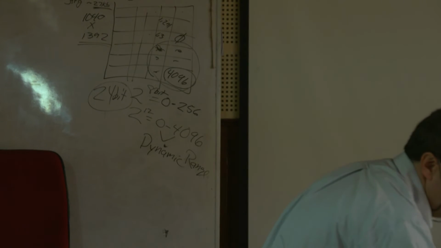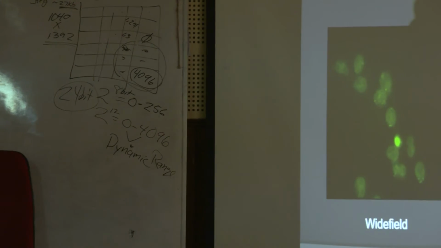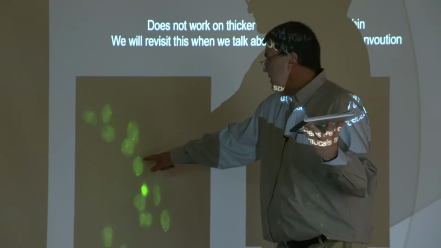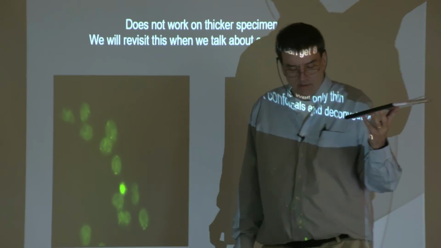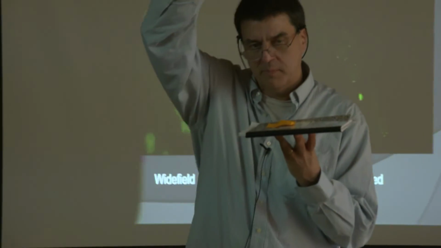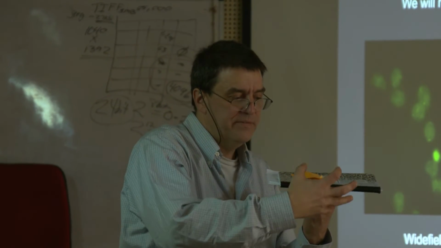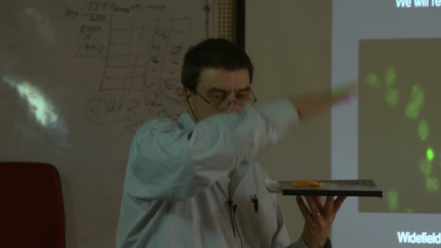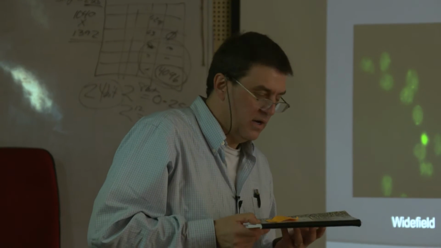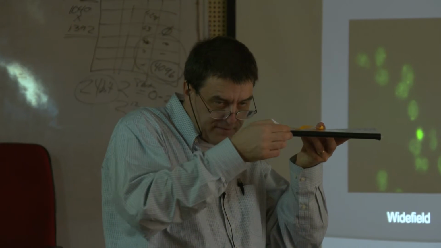But if we go back a little, some of this right here is probably just a little bit out of focus. That's partially due to the light coming from above the focal plane and the light coming from below the focal plane. The wide field grabs all this light above and below. A confocal tends to just grab this, the focal plane.